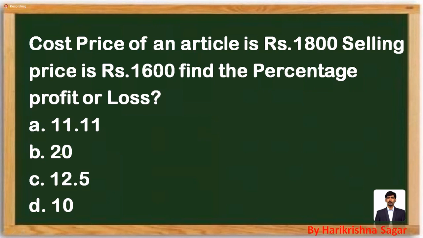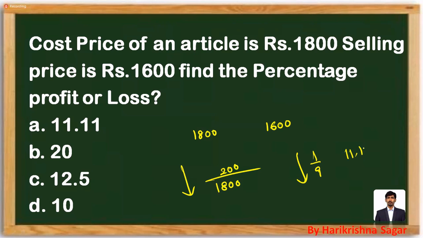Simple question, nothing difficult. Cost price is 1800, selling price is 1600. What is the percentage profit or loss? On top of 1800, there is a decrease of 200. It is giving a result as 1 by 9. We know that 1 by 9 is 11.11 percent. Mark it as option A. I hope it is clear. But you have to remember the fractions and their equivalent percentages so that you can feel comfortable in solving the questions. Otherwise, it will be difficult.